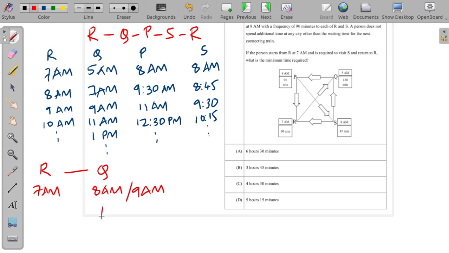Fine. This is for reaching, this is for leaving. Then after this, I'll be going to P, left at 9, so I'll be reaching at 10 a.m. Then if I reach at 10 a.m., I'll have missed the 9:30, so I'll be leaving at 11 a.m. Then from P, I'll be going to S. Since I've left at 11 a.m., I'll be reaching at 12 p.m. because of the 1 hour commute.